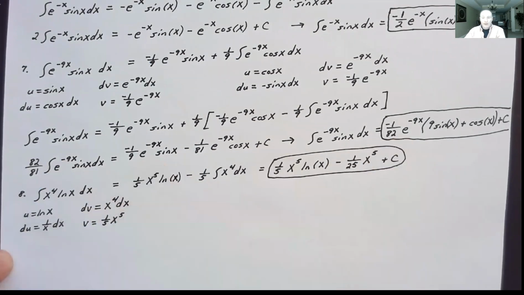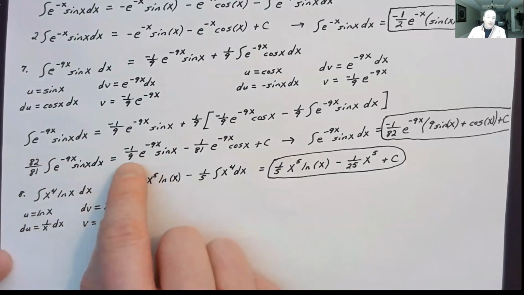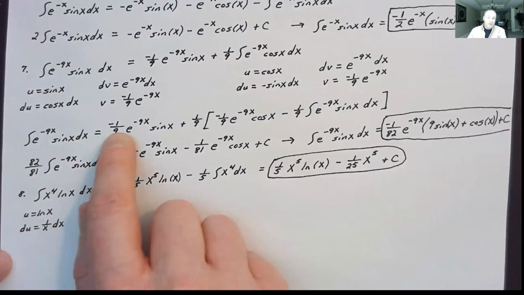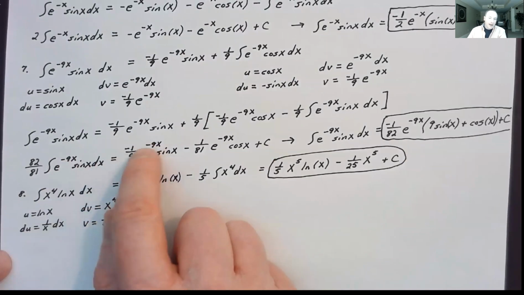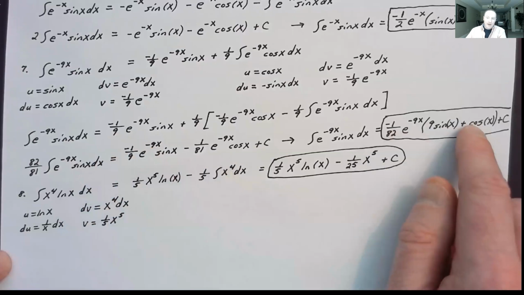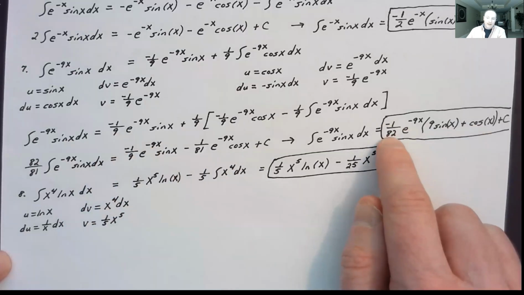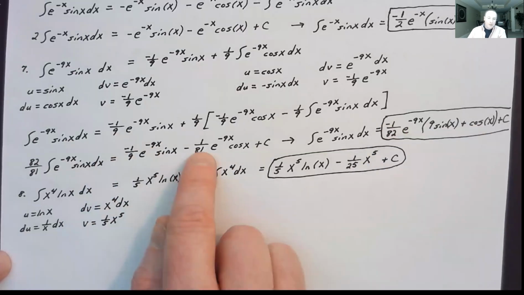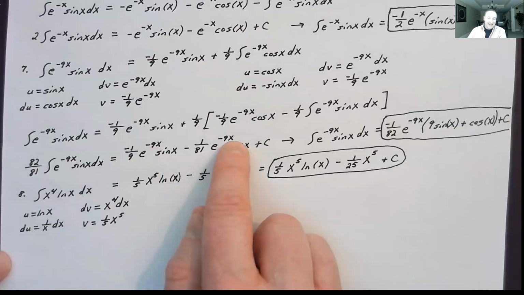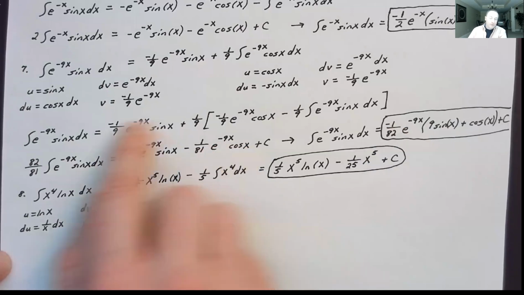Now, when I multiplied by the 81/82, what I did here, that multiplying by 81/82, I simplified out and I factored out the -1/82 because I noticed I could factor out a -1/81 e to the -9x out of both of these terms.